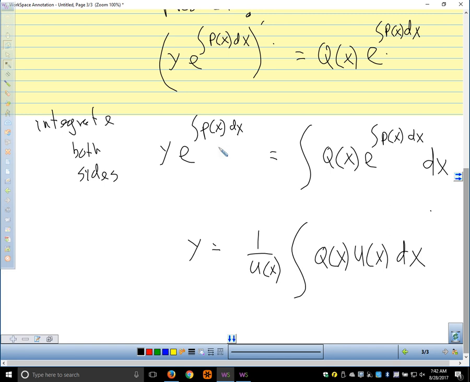So multiplying both sides of the equation by that integrating factor turns the left-hand side into the derivative of a product. That's why it works. If you recognize that, I think you understand more about what's going on with the solution method than by plugging into the formula. All right, so let's look at an example where we apply this idea.